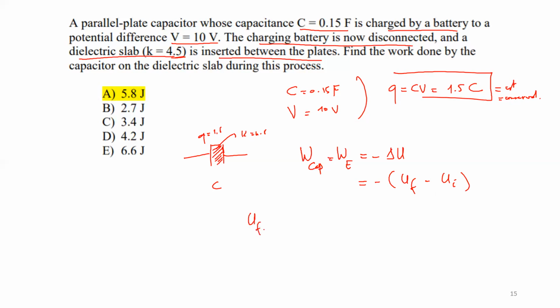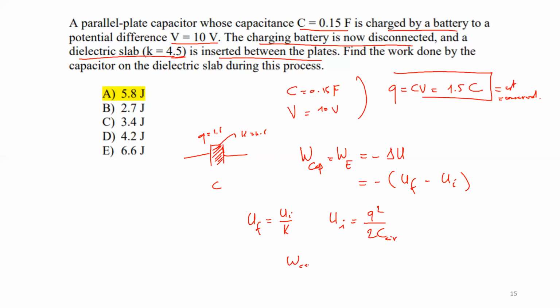Now what is U final? U final means U after insertion. I already know that. It will be U initial divided by kappa. And what is U initial? U initial is the electric potential energy stored by the capacitor. So it is Q squared divided by 2C initial. Okay. So let me go back here.